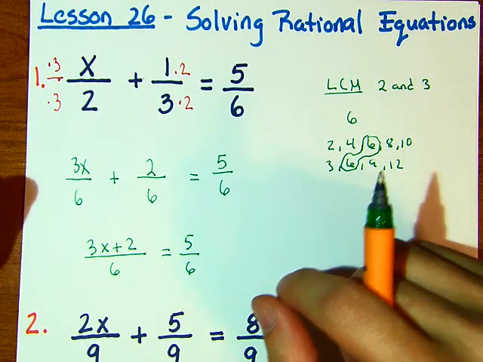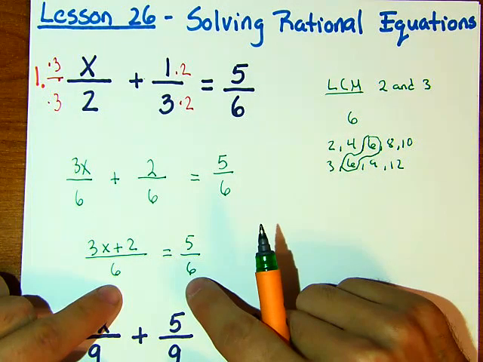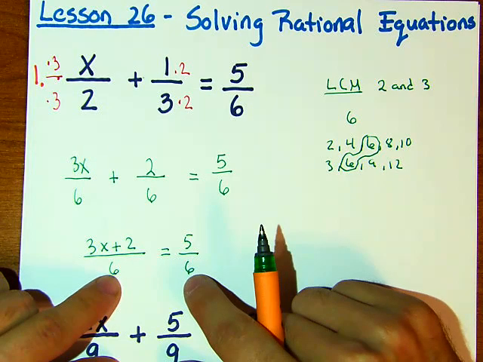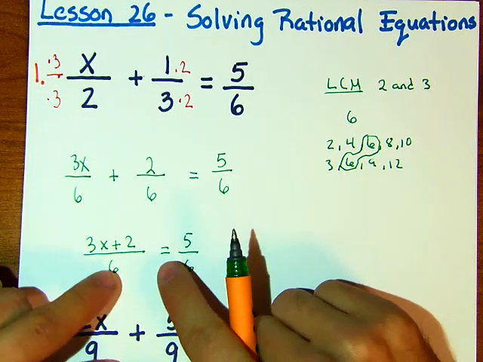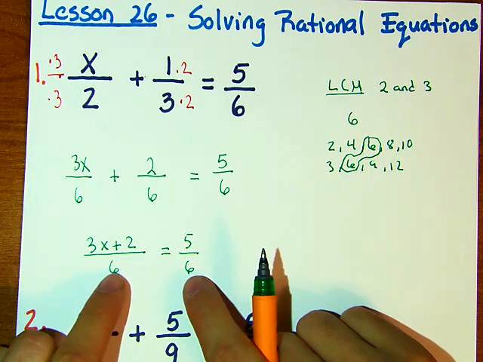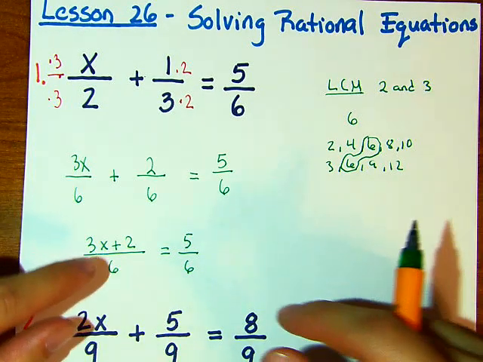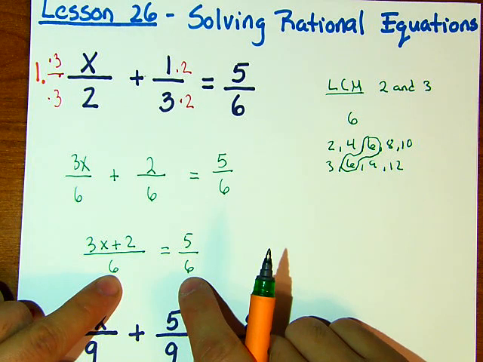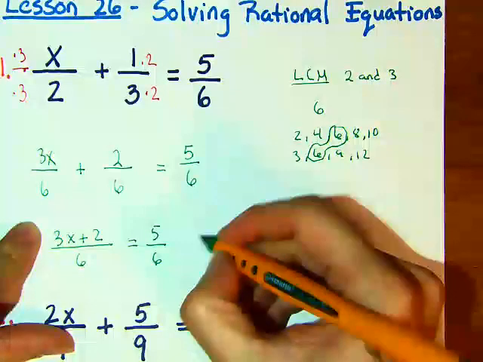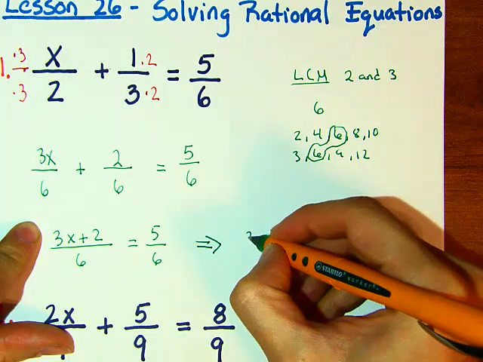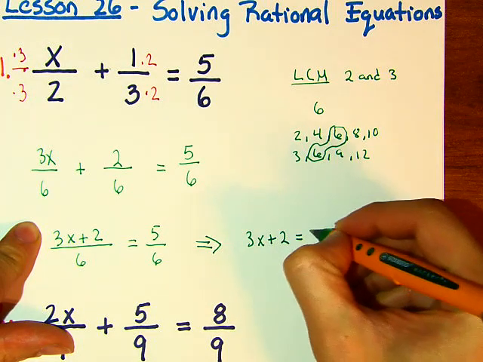So how do we continue? Well, notice that here they have the same denominator, right? On both sides of the equation, they both have 6 as a denominator. So in reality, you see the denominators are equal, so then the numerators are equal. So you're allowed to say here that 3x plus 2 is equal to 5.